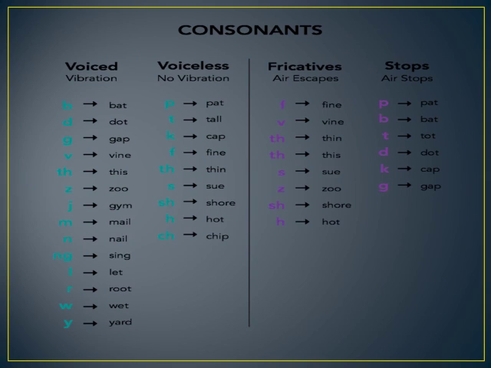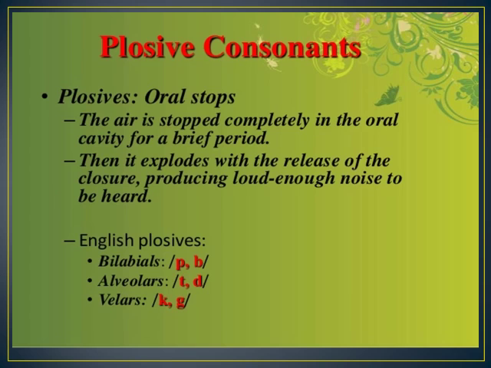It shows that there are 9 voiceless sounds, which are p, t, k, f, s, sh, h and ch, and there are 15 voiced sounds, and examples are given here. They have also mentioned fricatives and stops here, but I'll continue with them in the next slides.